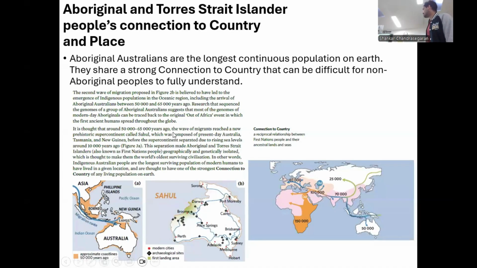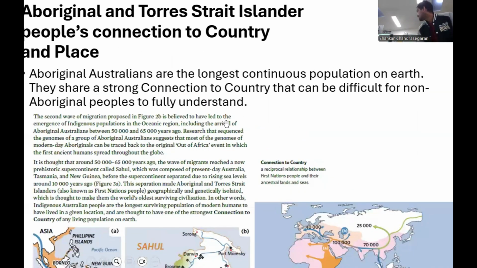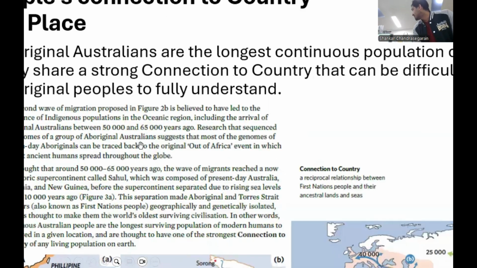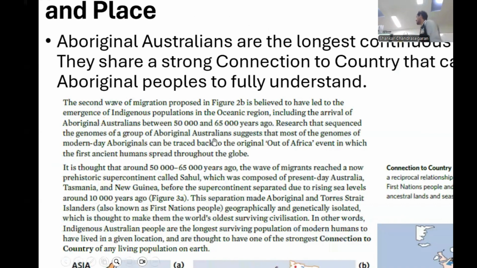Going back to how early Homo sapiens arrived in Sahul, about 50,000 to 65,000 years ago, we found evidence saying that there was a wave of migrants which reached the prehistoric continent called Sahul, right? And this population is your Aboriginal Australians.